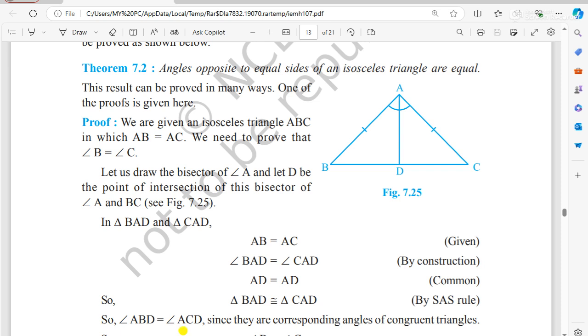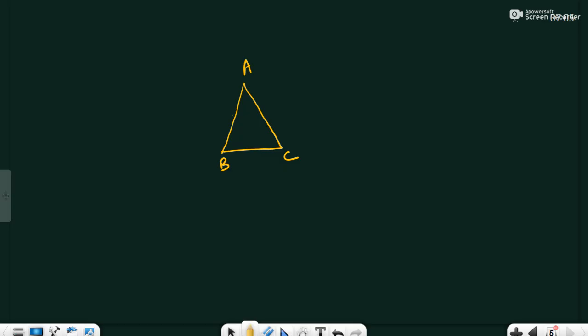Angles opposite to equal sides of an isosceles triangle are equal. What is the meaning of this one? Suppose two sides are equal, AB is equal to AC. This side is equal to this side, and the angle opposite to AB is angle C, and the angle opposite to side AC is angle B. That means angle B equals angle C.